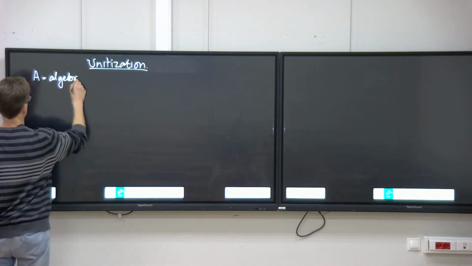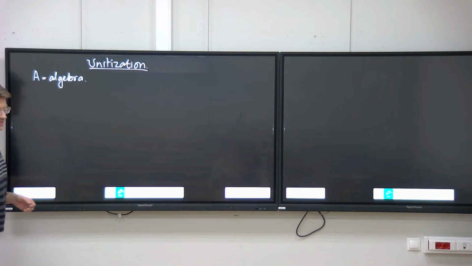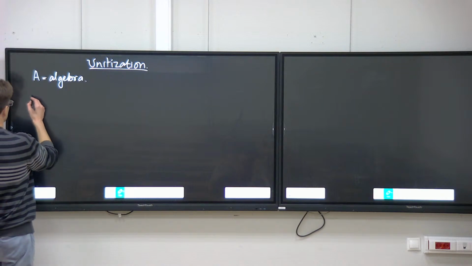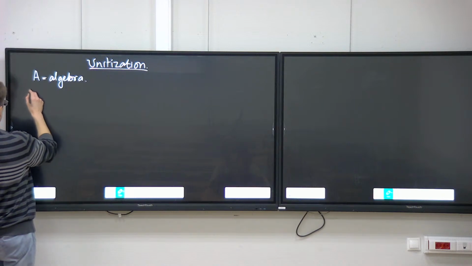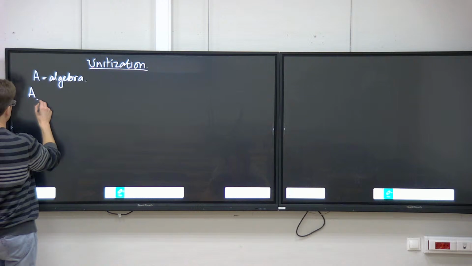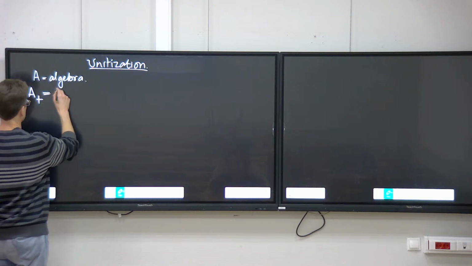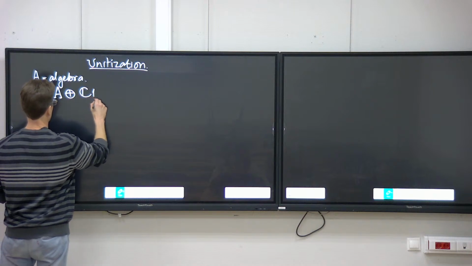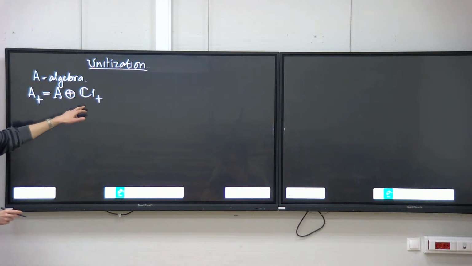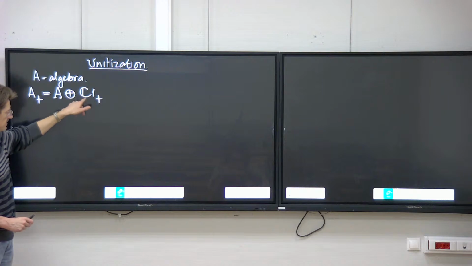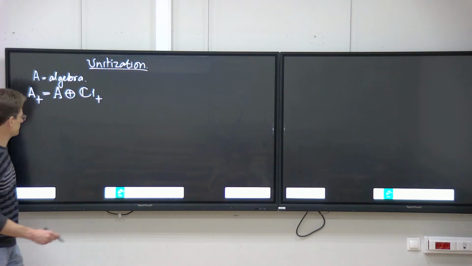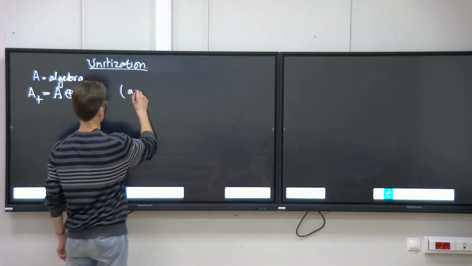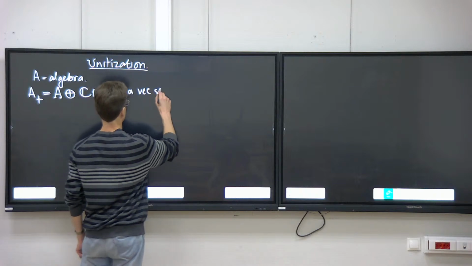The algebra is, as usual, over the complex numbers, and as usual is not assumed to be unital. We denote by A plus the vector space direct sum of A and the one-dimensional space spanned by a single element denoted by 1 plus. This is just a vector space direct sum.